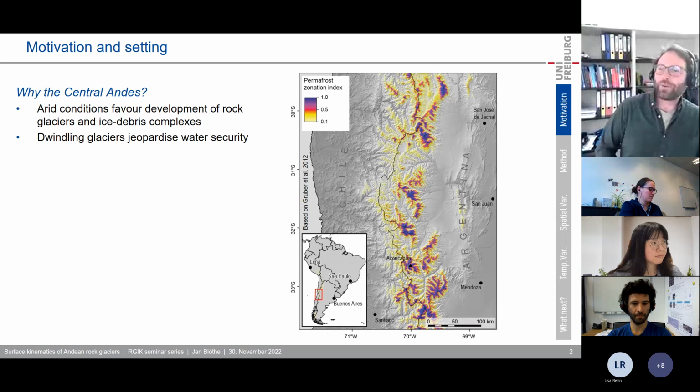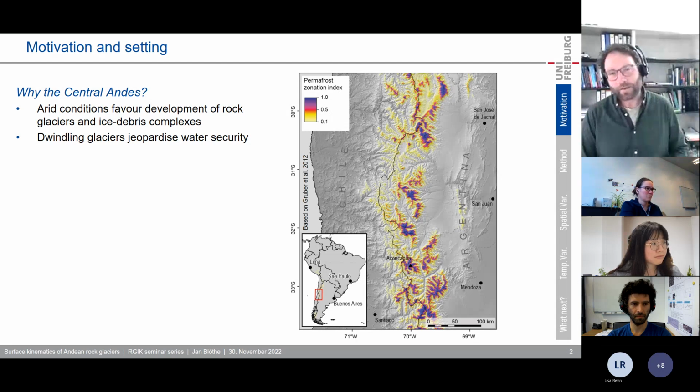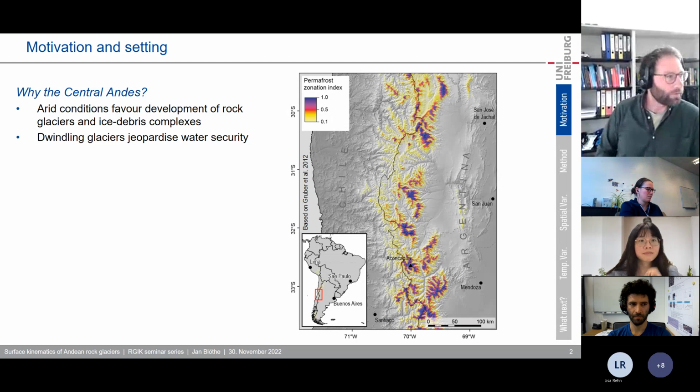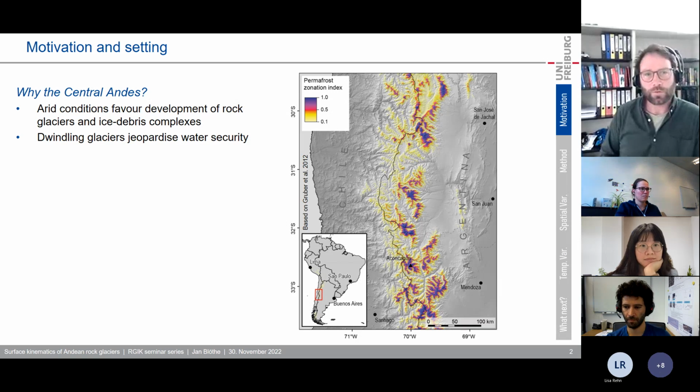But I'd like to quickly let you know why I think the Central Andes are a very amazing place to investigate cryospheric landforms. In the Central Andes of Argentina and Chile, we find arid conditions, and these favor the development of large rock glaciers and ice debris complexes.